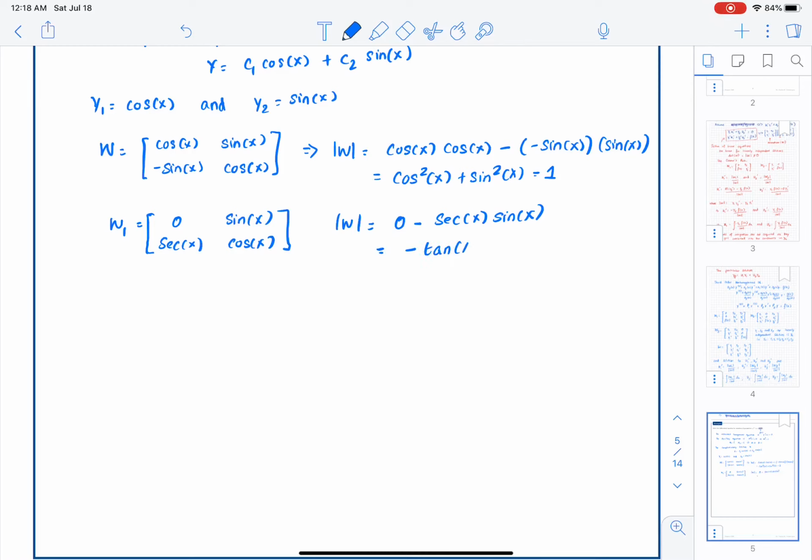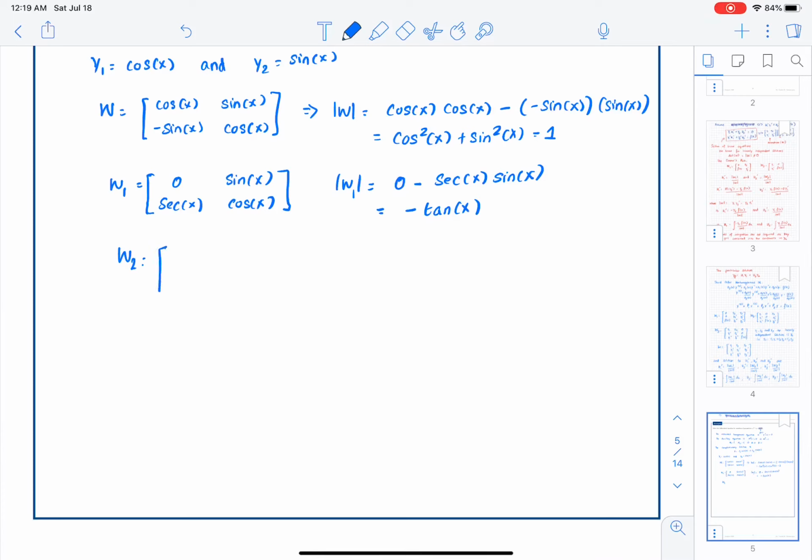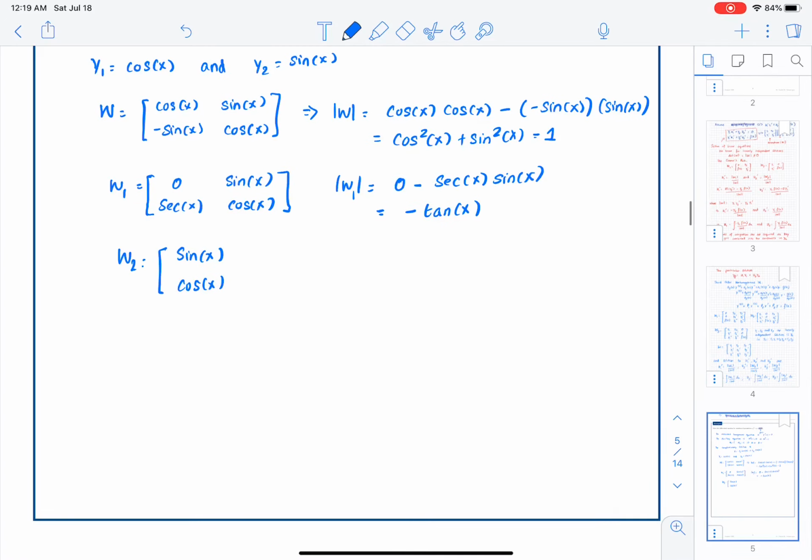The determinant of w2, we can find after we find what w2 is. y1, y2 and y2 prime. Yeah, I had it right.